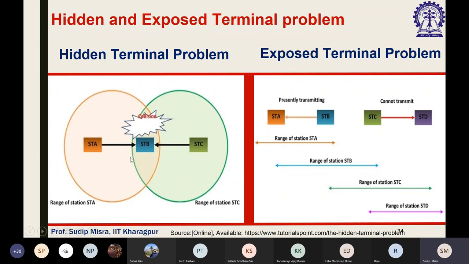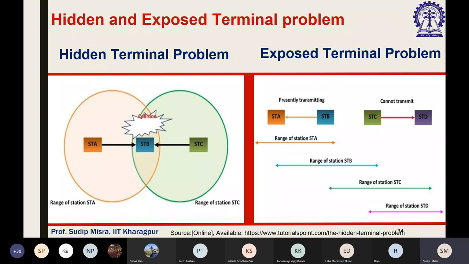Because they are hidden from each other, they cannot hear the transmissions from each other, and because of which there is going to be a collision at B. So this is called the hidden terminal problem. In order to solve these problems, this RTS-CTS based mechanism can help.